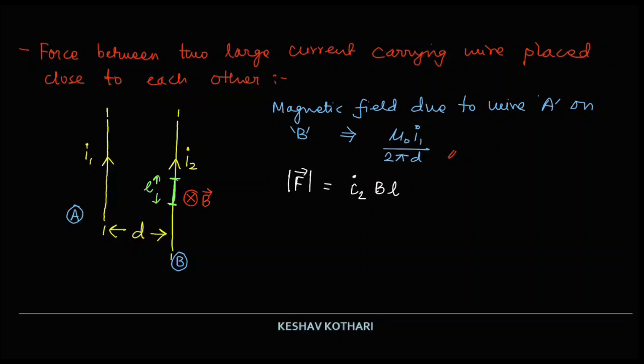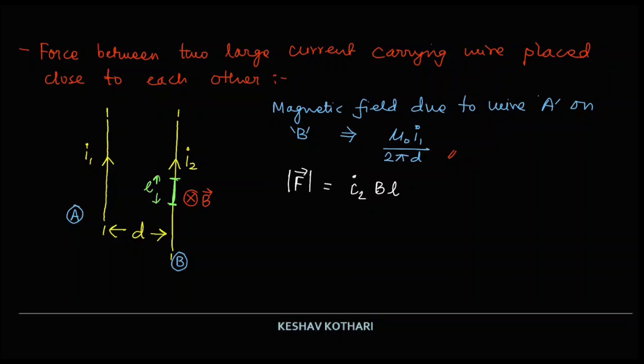If I check the direction of force using Fleming's left hand rule, place your index finger in the direction of magnetic field, that is in this case directed into the screen, your middle finger in the direction of I2, that is upward, so your thumb will be pointing in the direction of I1.